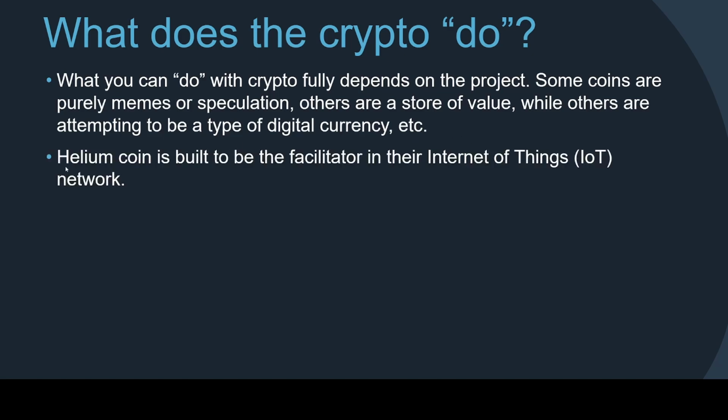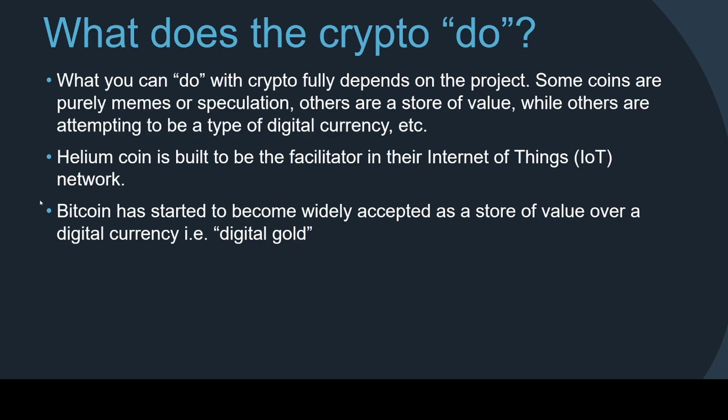And here's some examples, right? Helium is built to be a facilitator in the Internet of Things, and now their 5G network, they're essentially trying to make an Uber or Airbnb type of decentralized network for telephones. And that's cool, right? It's fairly clear and easy to understand what they do. Bitcoin, same thing.